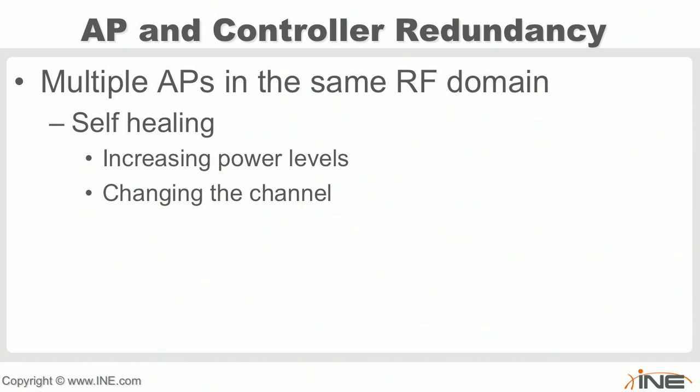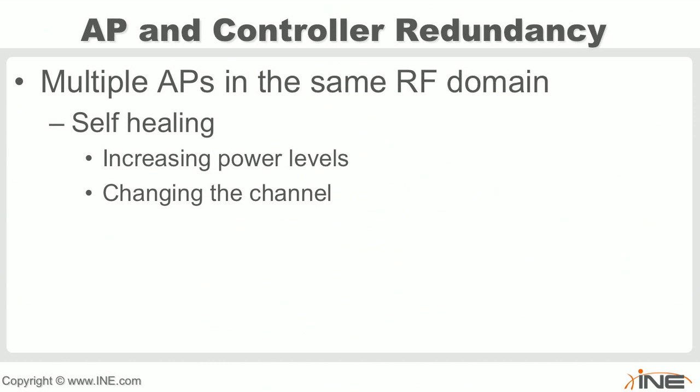But one of the things that we do have the ability to do is have additional APs in the same basic area. Now, you might think, well, wouldn't this cause overlap or noise? Well, it makes the design a lot more complicated, especially when we think not only in a horizontal, but also a vertical 3D environment.